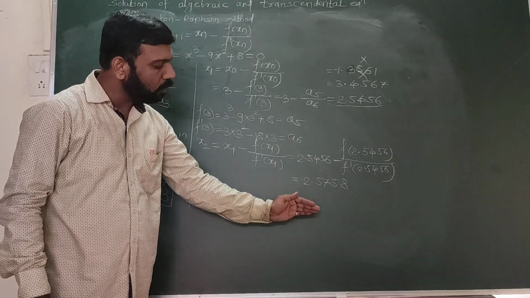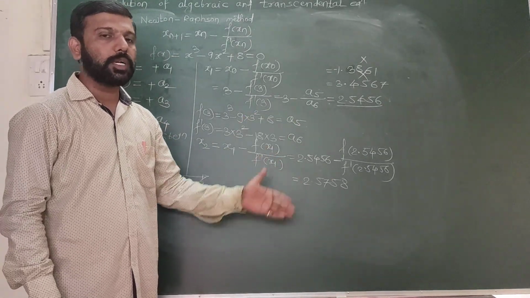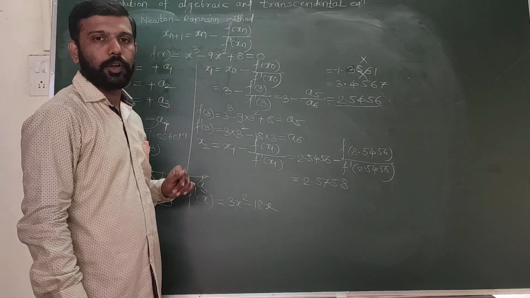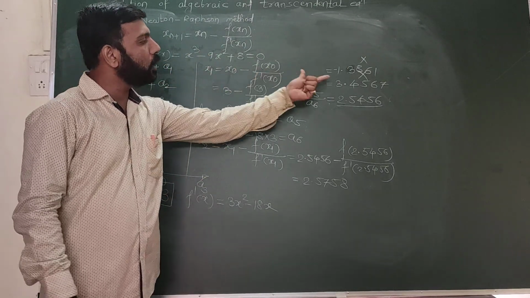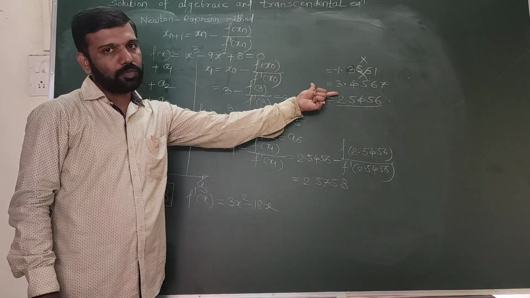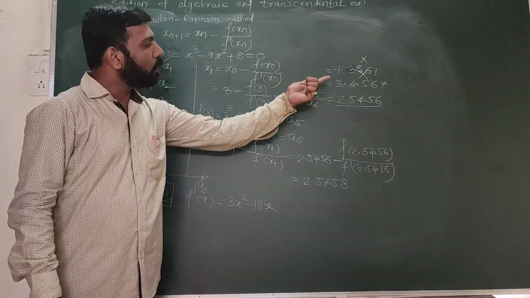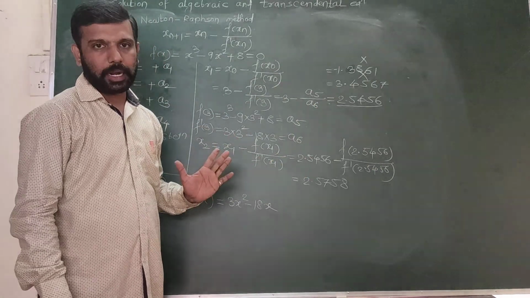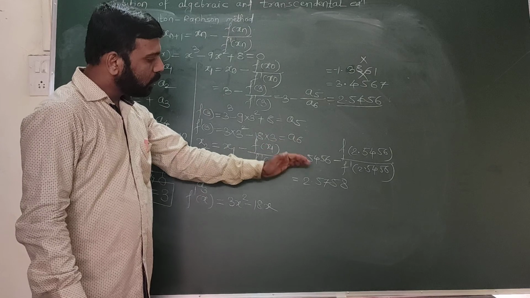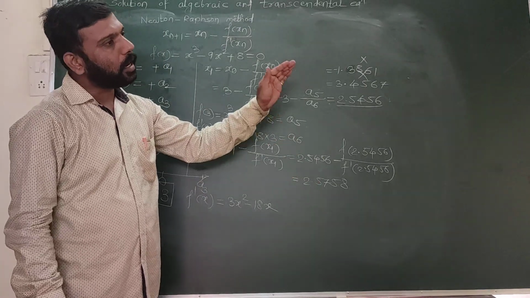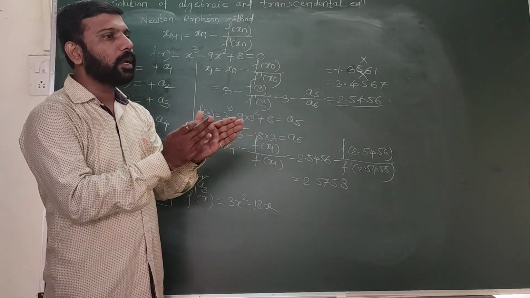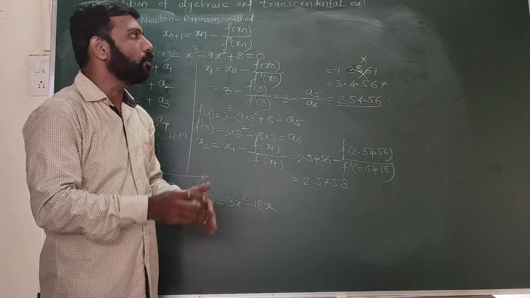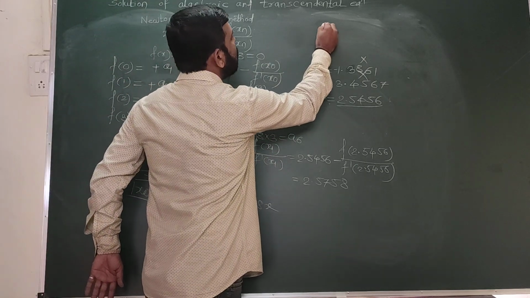Now we continue, and we get a more approximate root for this given polynomial. This is actually our factor or root of the polynomial, but we are approximating that factor more closely. Again we go ahead, and we come closer to the exact value. Suppose this is the exact value.